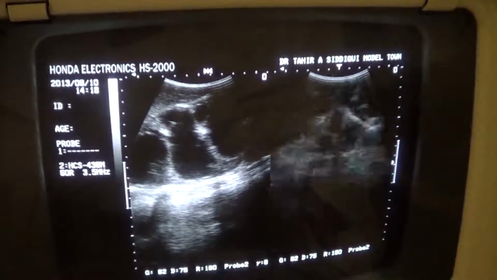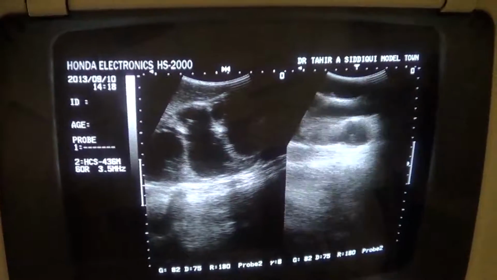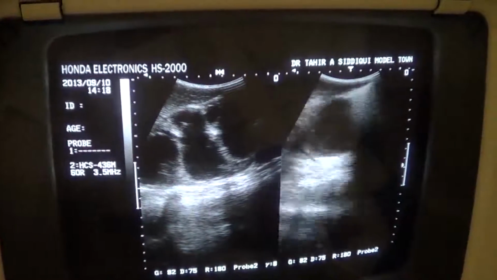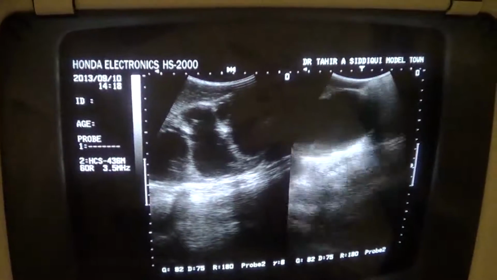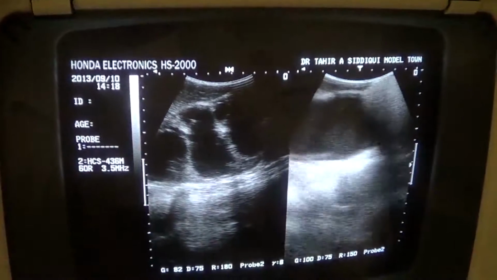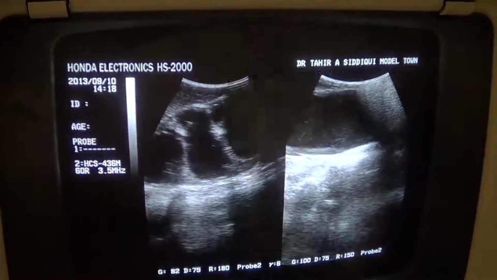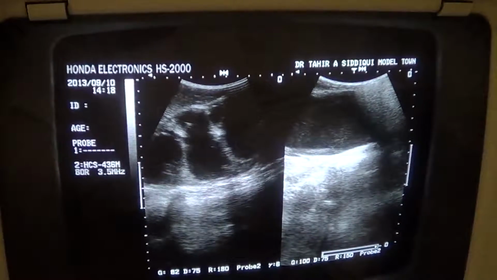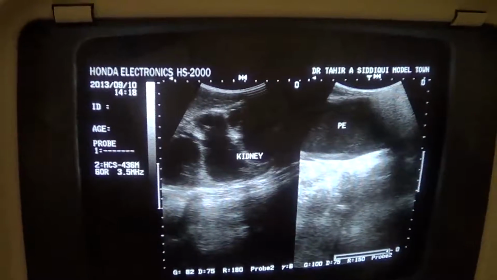Along with it, we did see the dilated pelvis. Here it is. The pelvis is dilated and there are echoes within it. So this is the kidney. This is the lower pole, mid region, upper pole of the right kidney, and this is the pelvis of the right kidney.